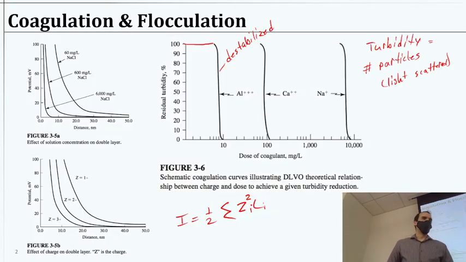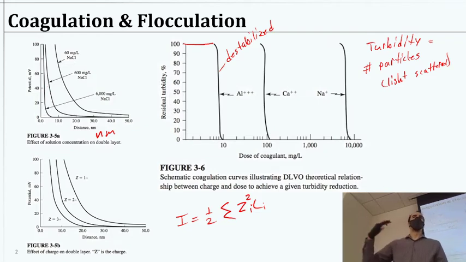I briefly ran through these little plots here. Essentially, they're showing you can change the distance of the electrical double layer. The ones on the left are showing that distance in nanometers. And so up at 50, and then on the y-axis here, they're measuring the potential, which is the electric field.